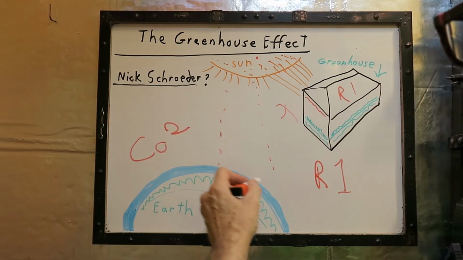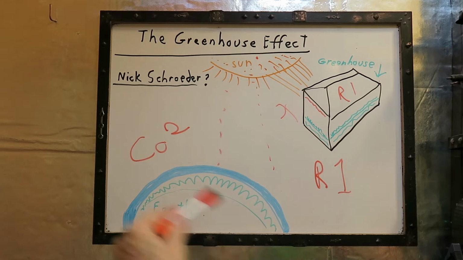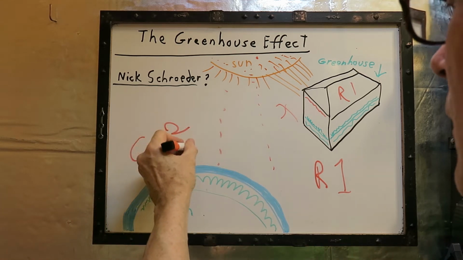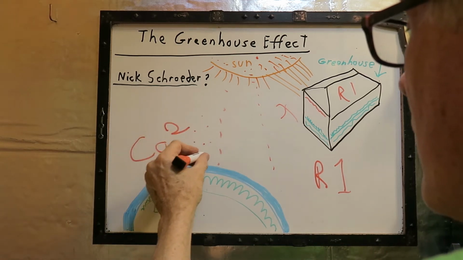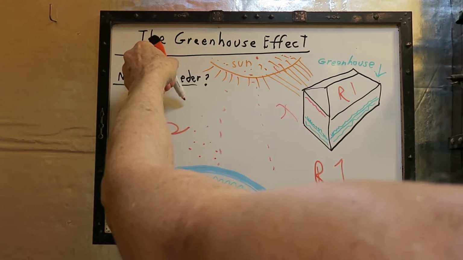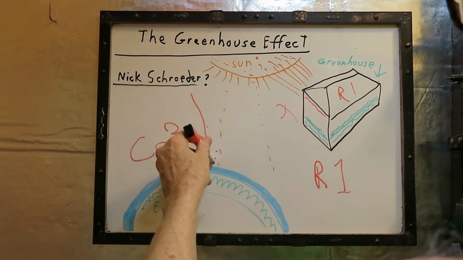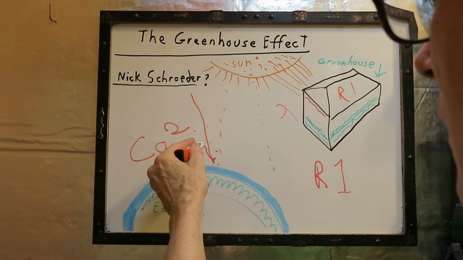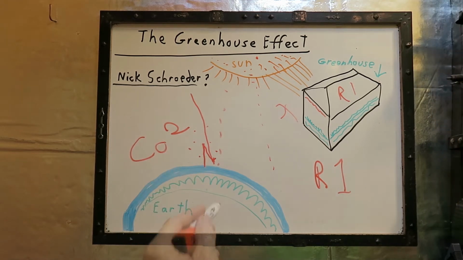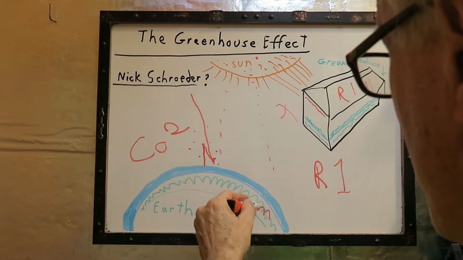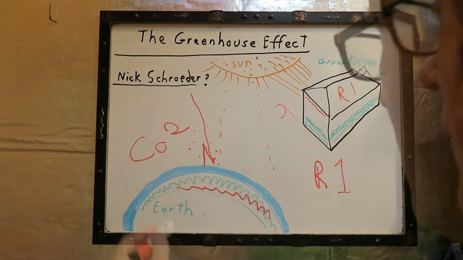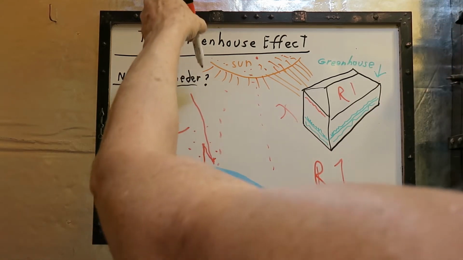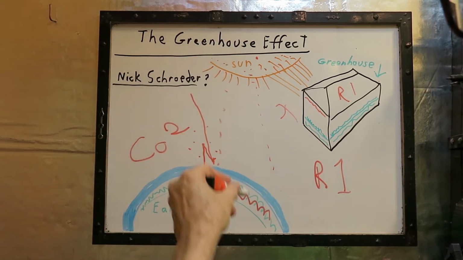This blue represents CO2. The more CO2 molecules you have in the air, the more that this comes down through the atmosphere, hits one of these molecules and goes back down, causing heat to build up in the atmosphere. The more CO2 you get, the more of this reflection.